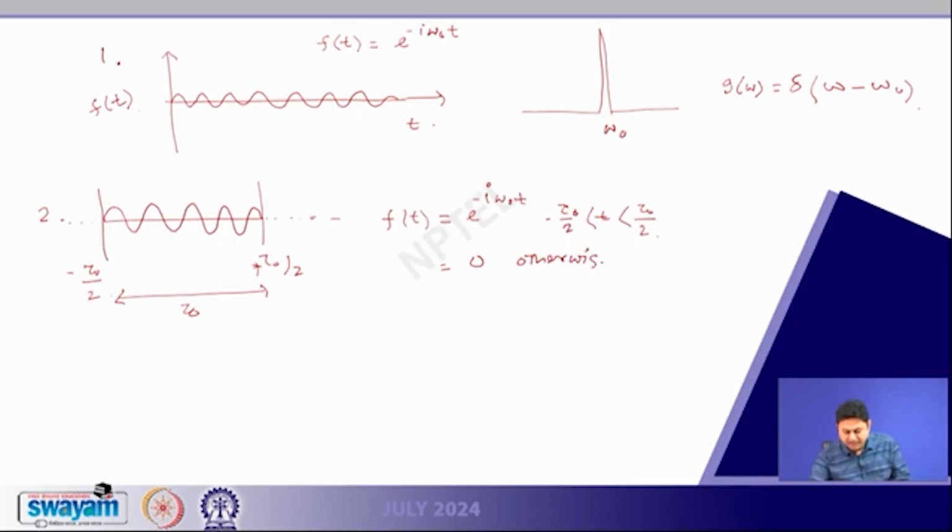As soon as we have a restriction of the function in time domain, we find that G of omega has a form like this.